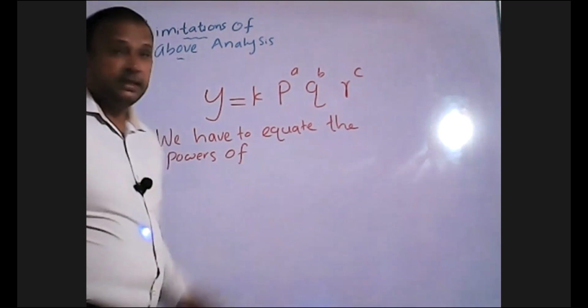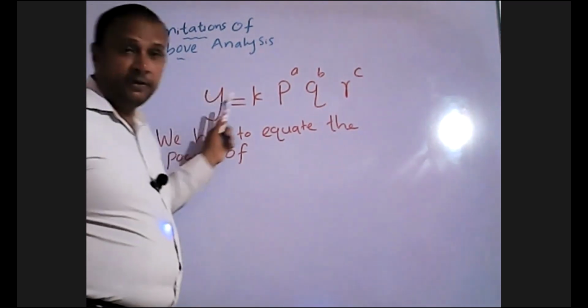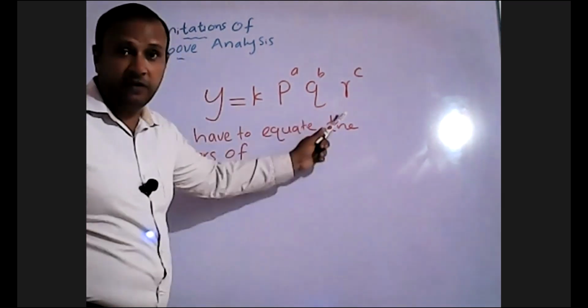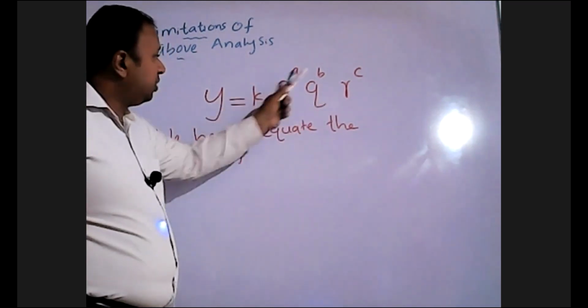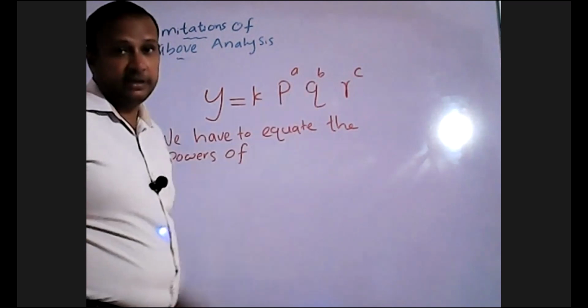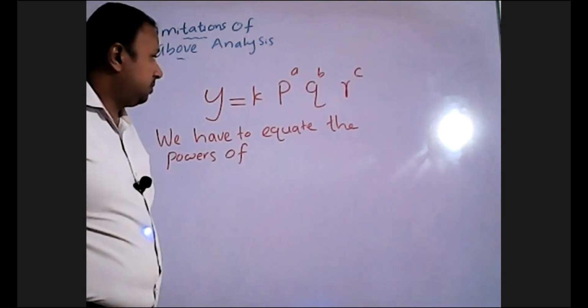Suppose we have assumed this kind of equation. In this equation, there are three unknown factors. There are three unknown terms.